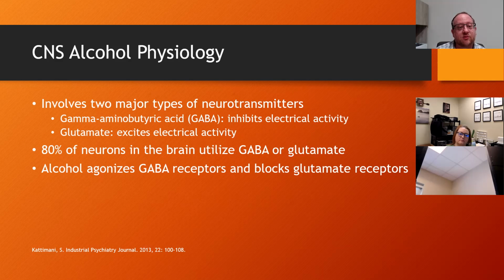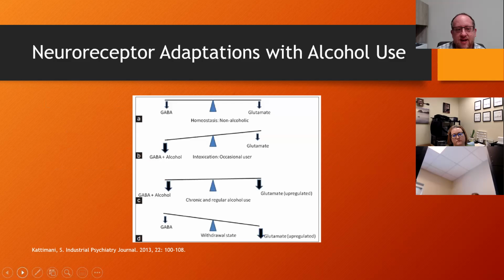The other receptor we're going to focus on a lot when it comes to intoxication and withdrawal is glutamate. Glutamate is our most abundant excitatory neurotransmitter in the brain, meaning that it excites the brain or potentiates an excitatory effect. About 80% of the neurons in our brain are going to be GABA or glutamate.